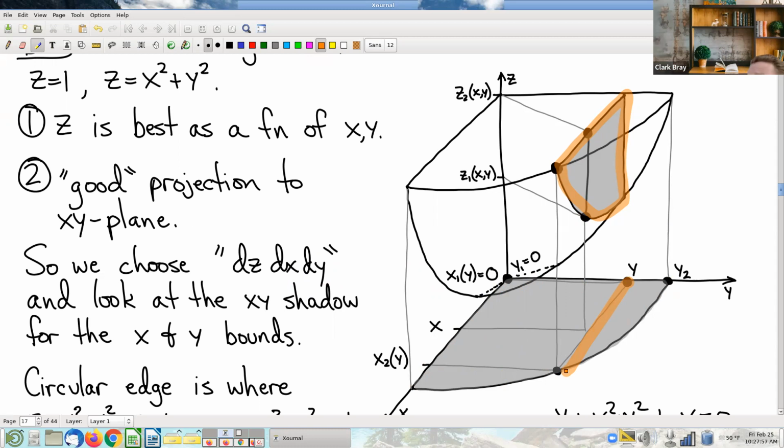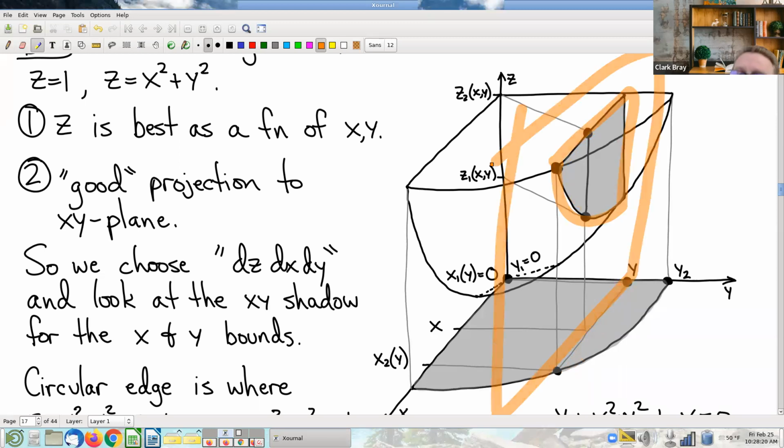But the projection of the slice is a slice of the projection. It's an observation that's so clear, that's the hard thing about it. But every time you slice up the solid, you are simultaneously slicing up the projection.